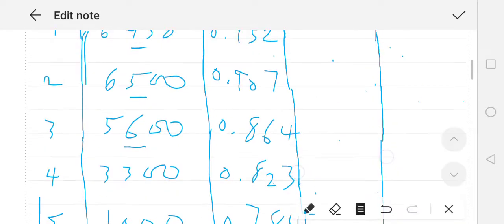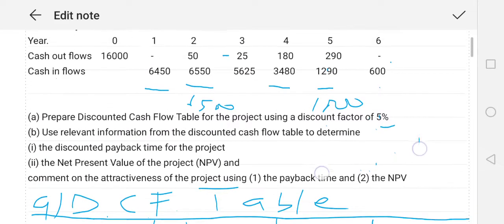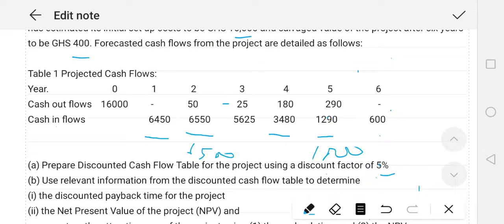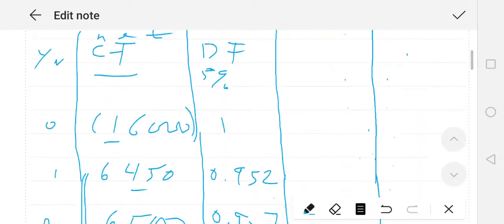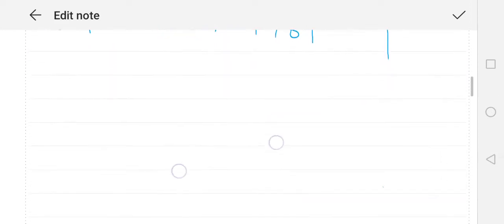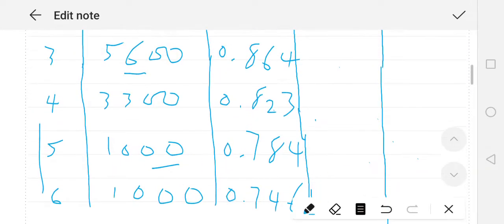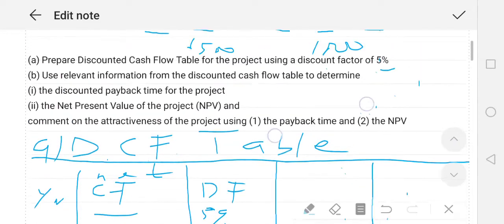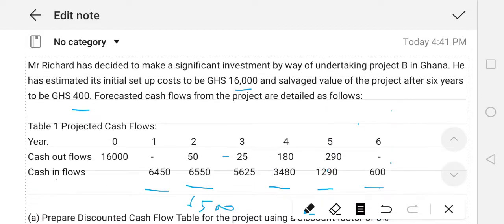And then year 6, let's take notes here. Year 6, there will be an inflow of 600. We're supposed to write 600 here under year 6, but you realize the question states that at the end of the 6th year, there will be a salvage value of 400 cedis.